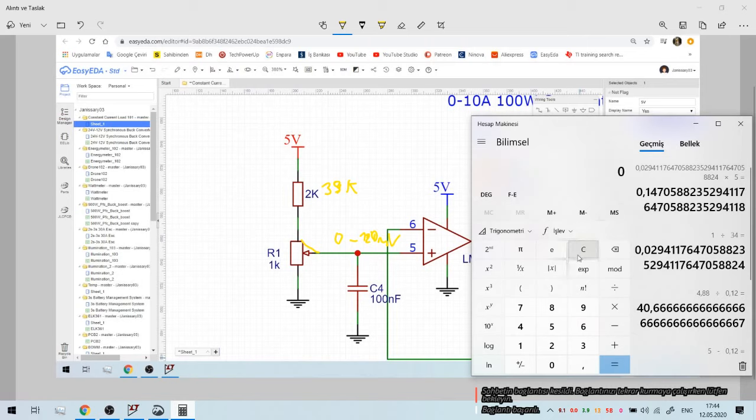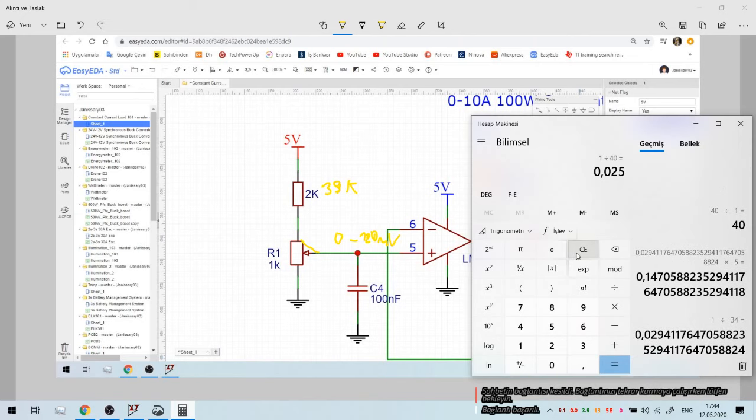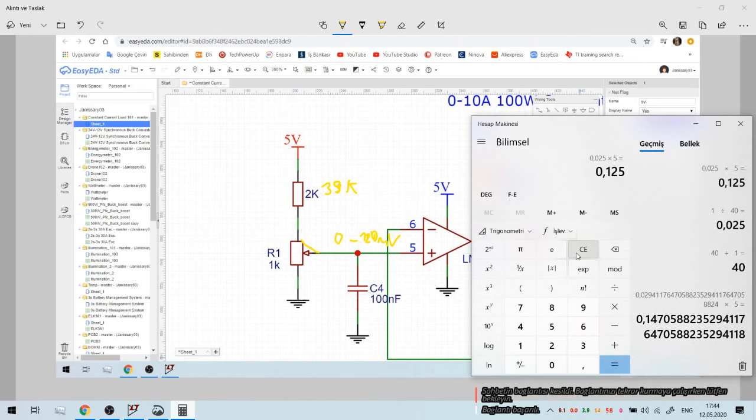Now better. 1 divided by 40 times 5-volt gives us 0.125 volt. Yes, nearly what we need.